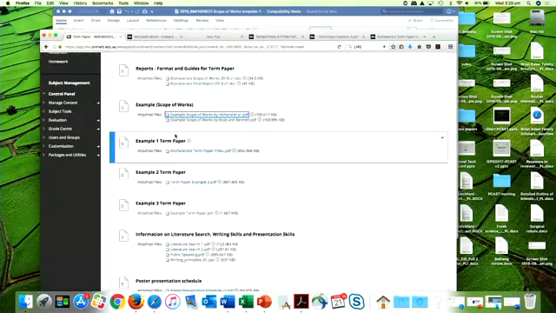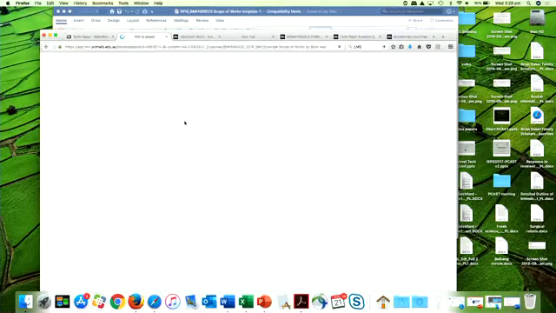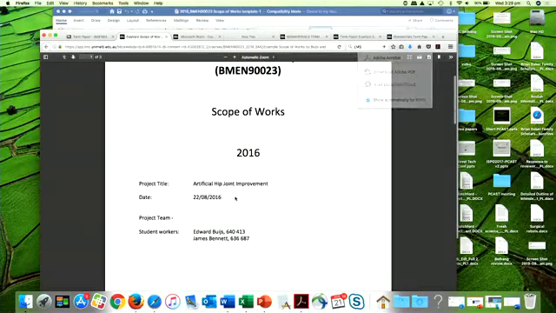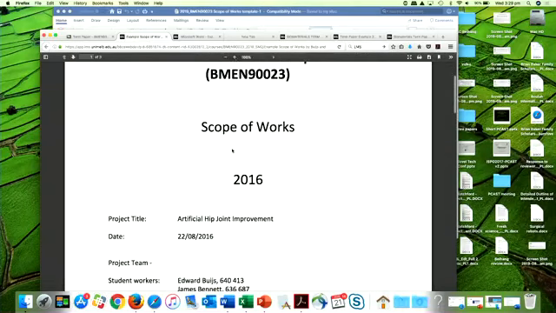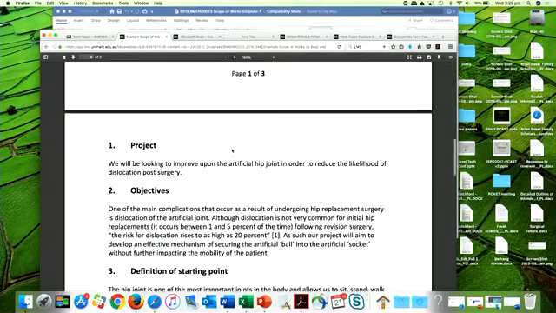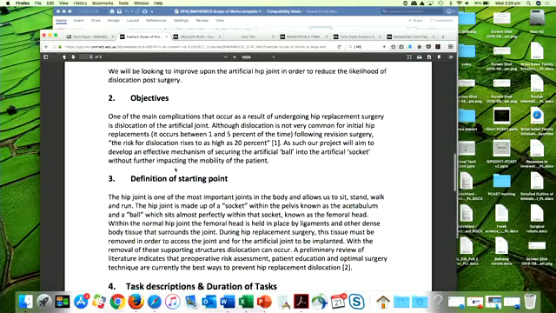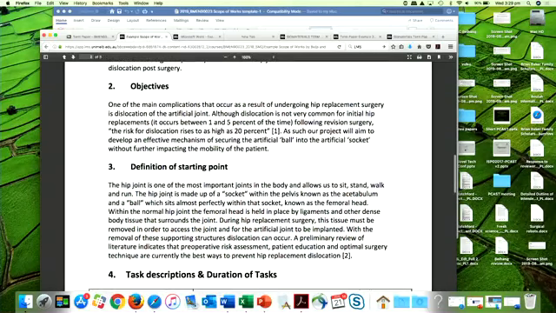This is artificial hip joint improvement. They want to improve the hip joint in the likelihood of dislocation. Dislocation is the main problem. So basically they want to improve the ball and socket.